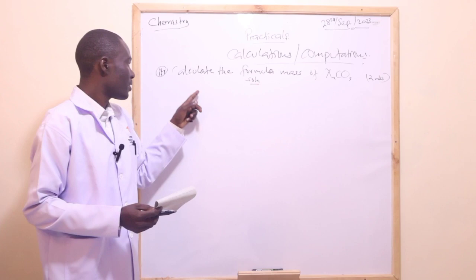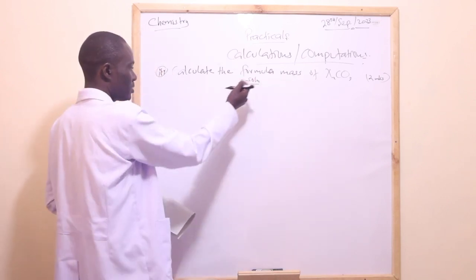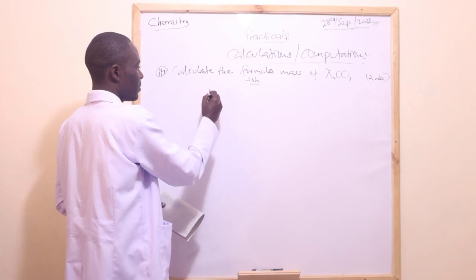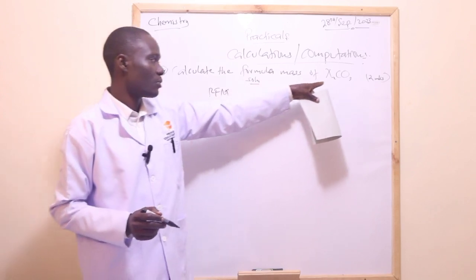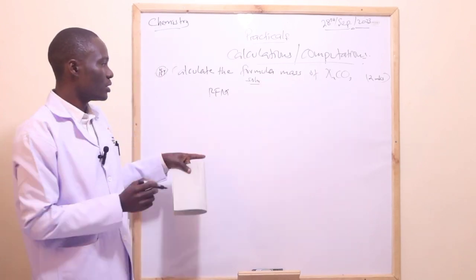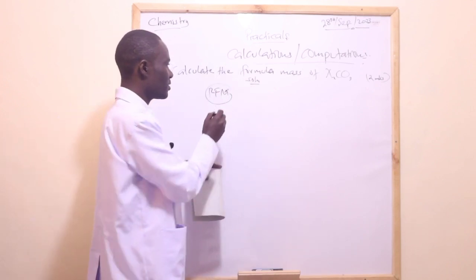Okay, for number three, finding the formula mass of X carbonate. Formula mass is the same as the RFM, which is the relative formula mass, since X carbonate is an ionic compound. So how do we find the RFM in this case?